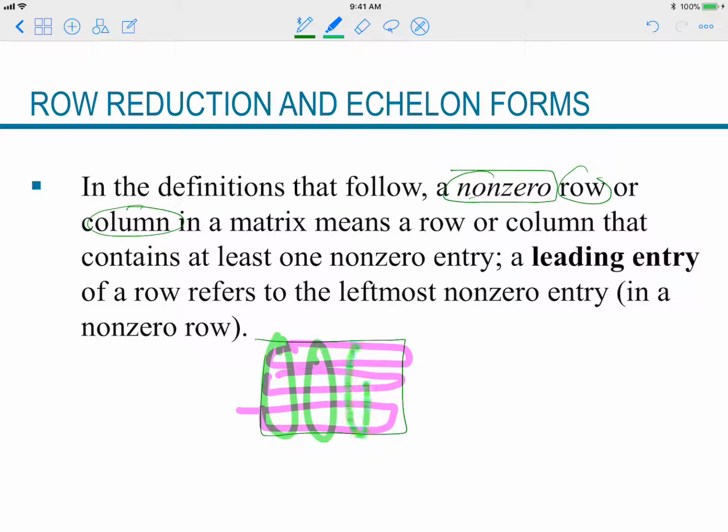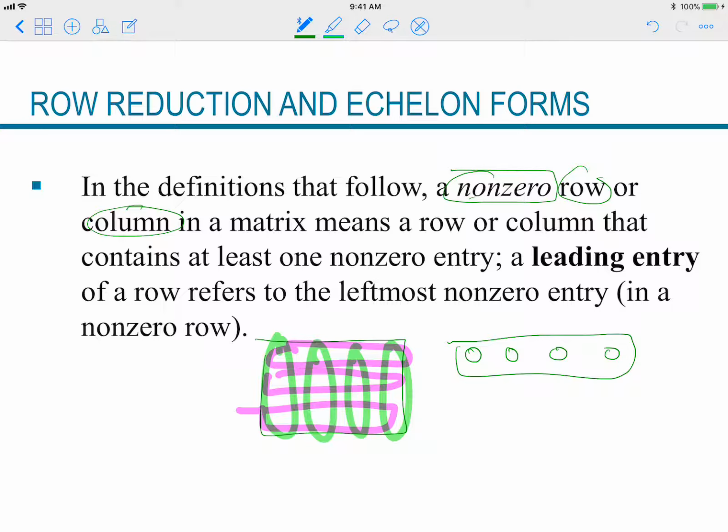If all entries in a particular row are zero, it is called a zero row.